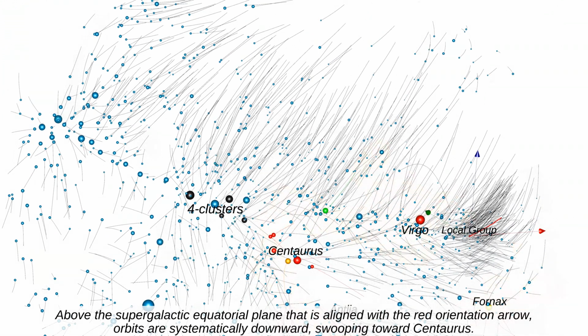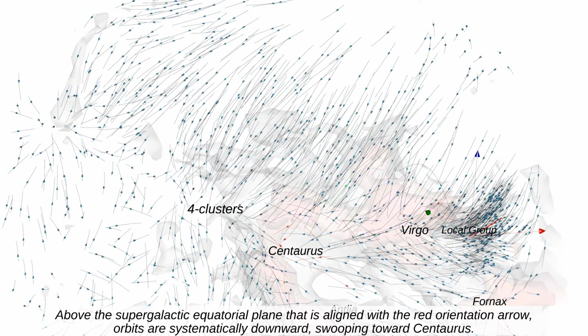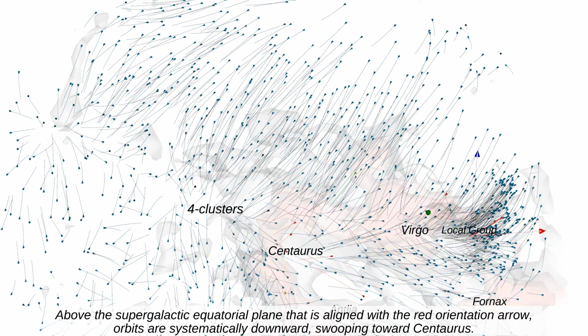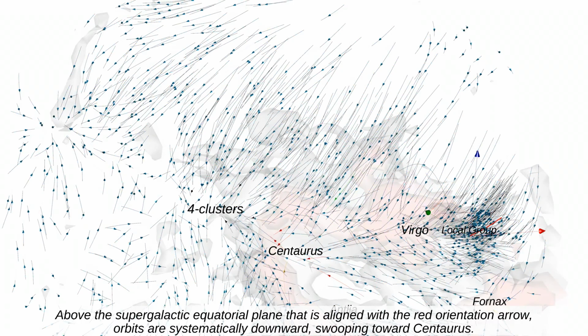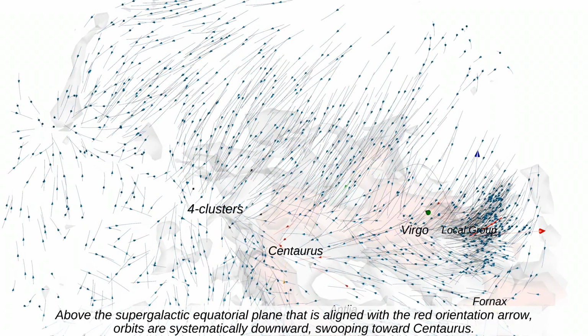Above the supergalactic equatorial plane, that is aligned with the red orientation arrow, orbits are systematically downward, swooping toward Centaurus.